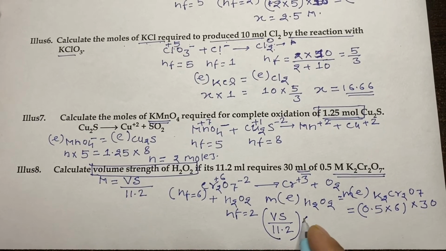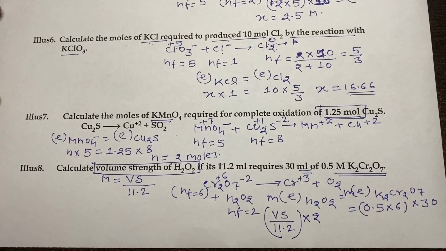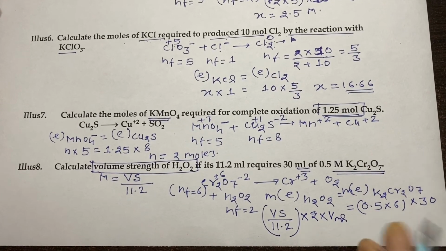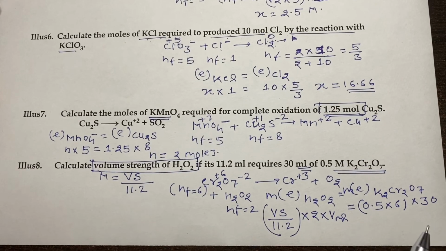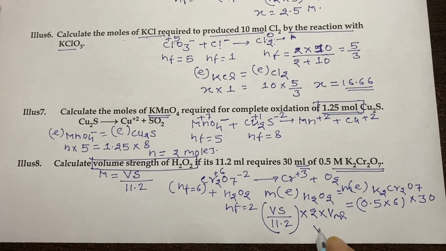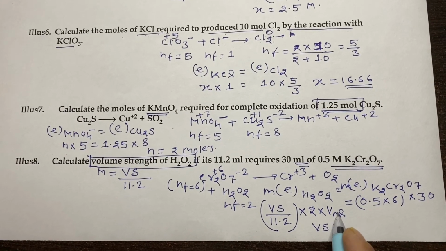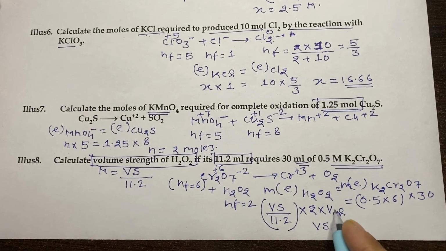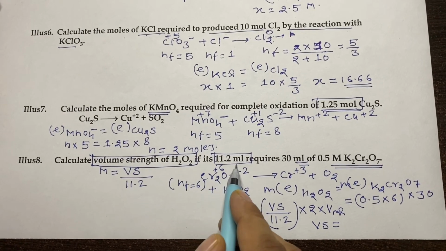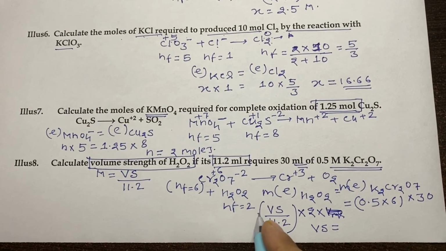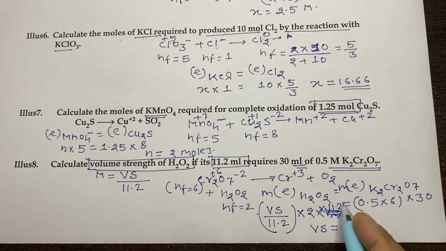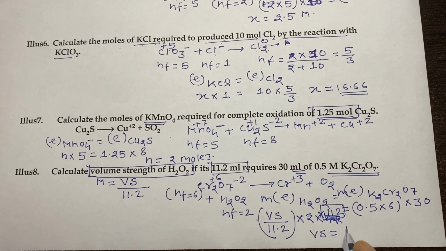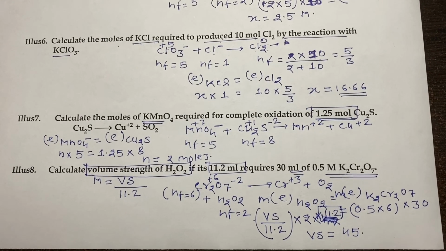This is molarity into N factor 2. Now it becomes normality and now V ml. So this will be the equivalence of H2O2. So on solving this, 11.2 is given, now on solving this, we will find that the volume strength of H2O2 will be 45.